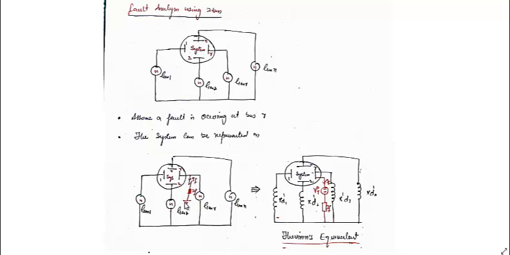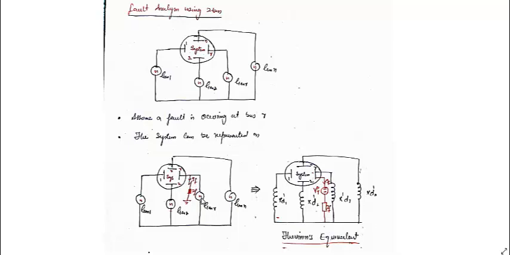So we can convert this into its Thevenin equivalent, where we know that we have to replace the point of fault and the ground by a voltage source whose polarity is given like this, and fault current flows from the fault point to ground. Polarity will be positive towards the ground side and negative towards the fault point side.